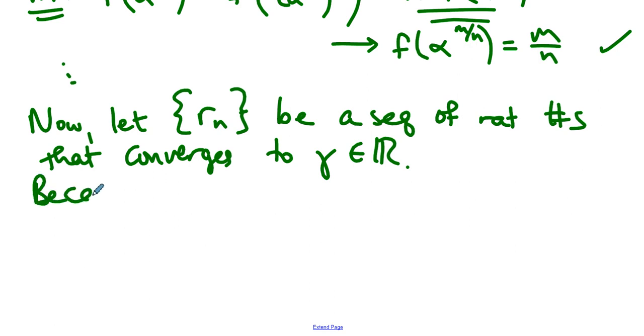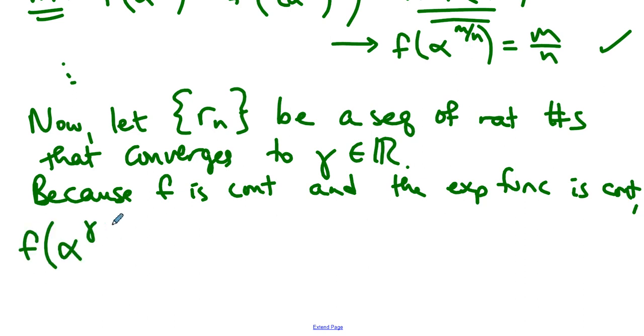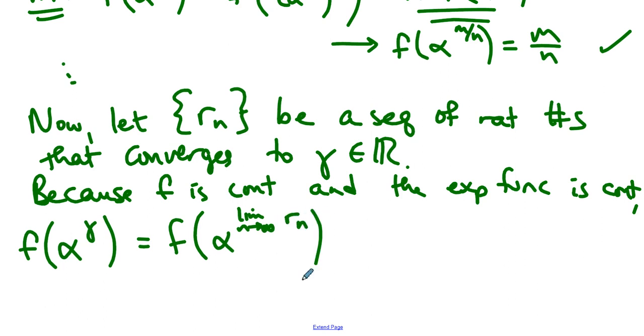Well, because f is continuous and the exponential function is continuous, the following is true. F of alpha to the gamma is f of alpha to the limit as n approaches infinity of the r sub n's, right? Because gamma is the limit of the r sub n's.